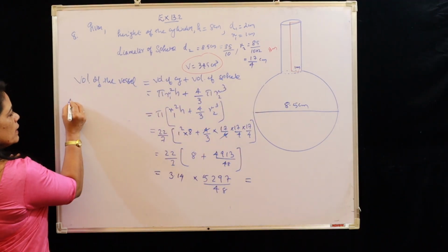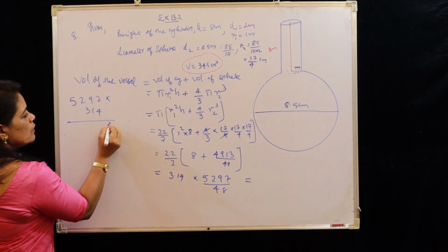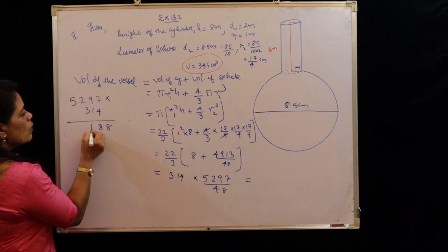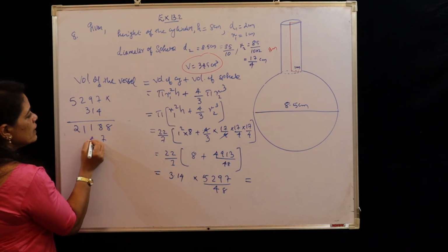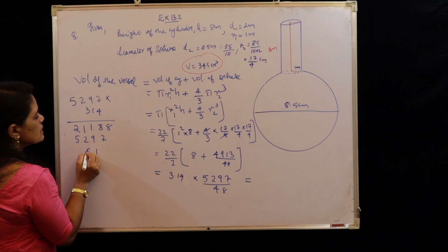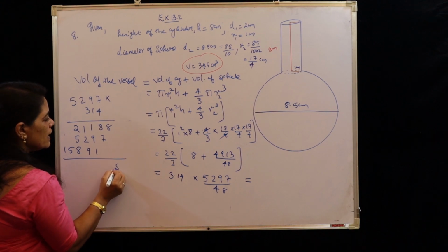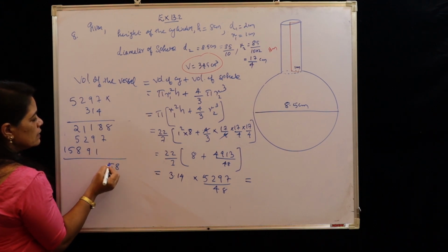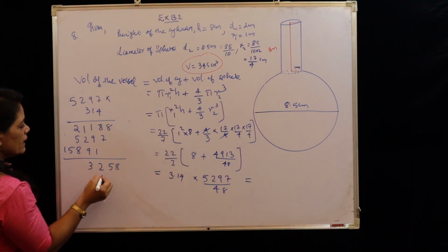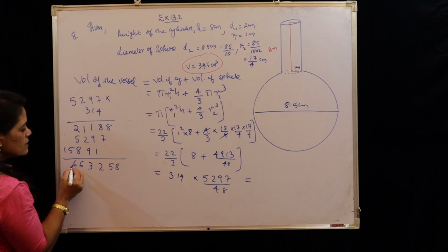So first we are going to multiply 5297 into 314. So 8, 2 carries 38... 7, 9, 2, 5... and so on, the partial products are added.